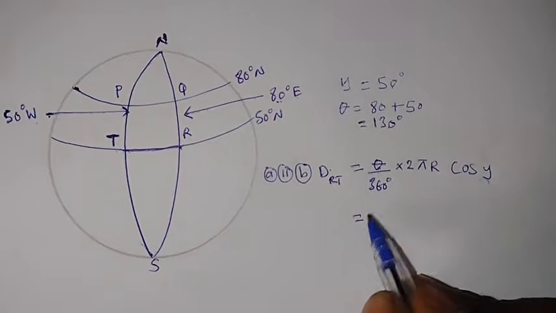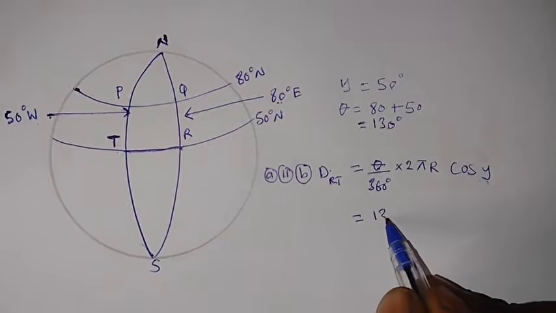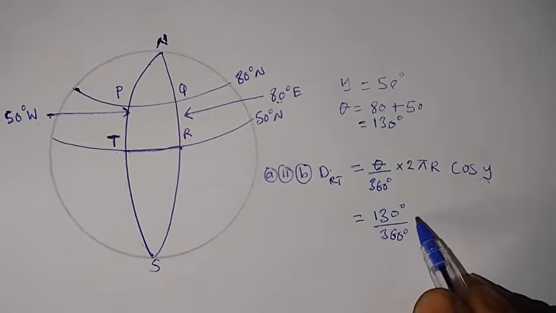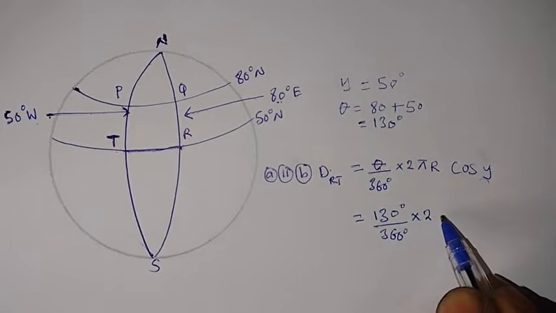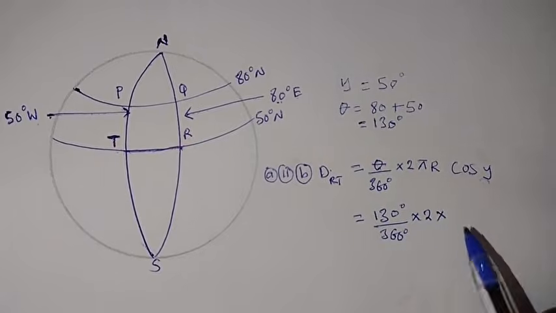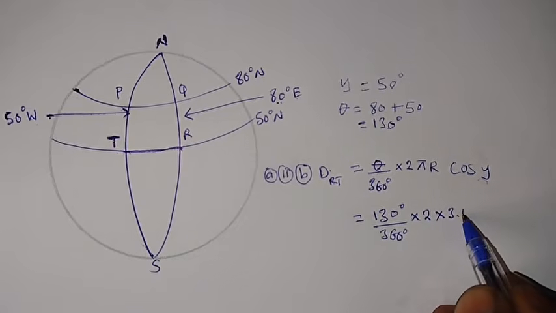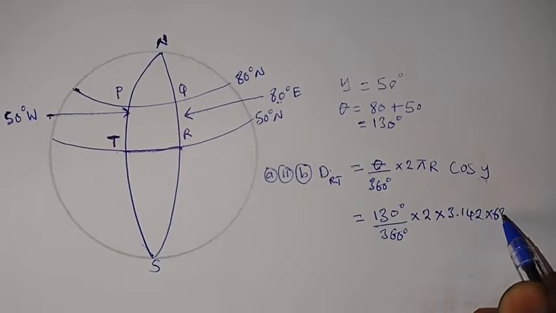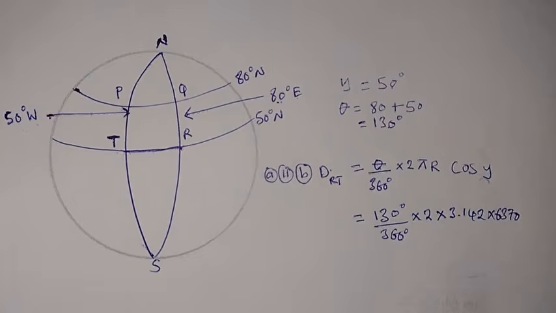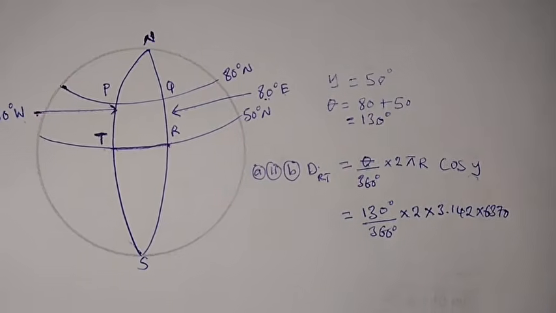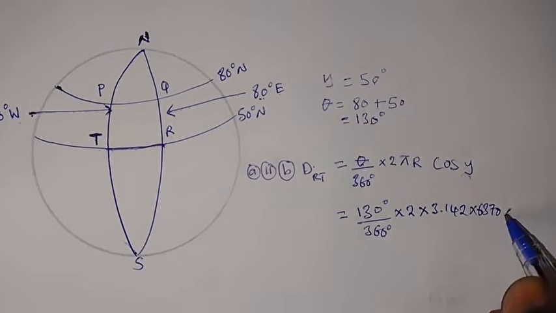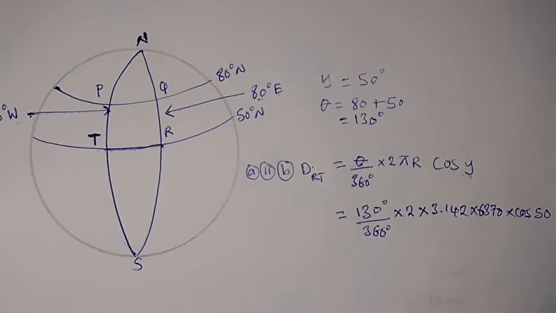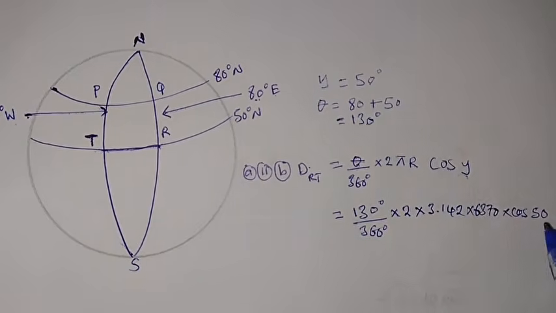Where there is theta, we are going to put 130 degrees divided by 360 degrees times 2 times, so the pi we have been given is 3.142, times the radius of the earth, which is 370. Then here we need to put times cos 50, because where there is y we put a 50.